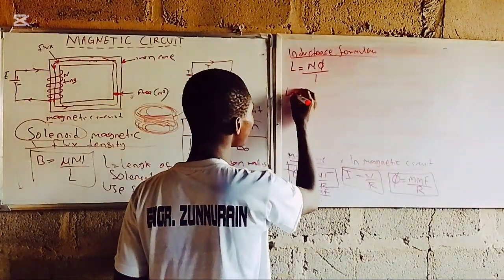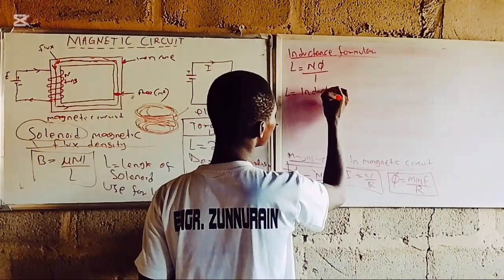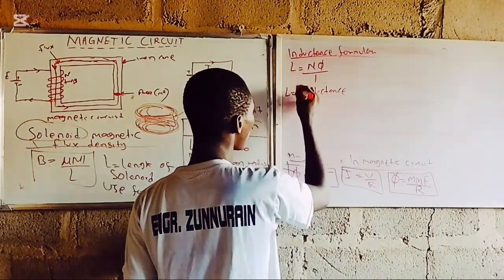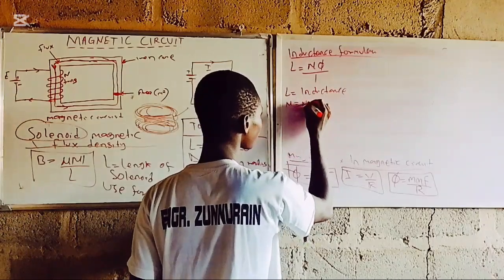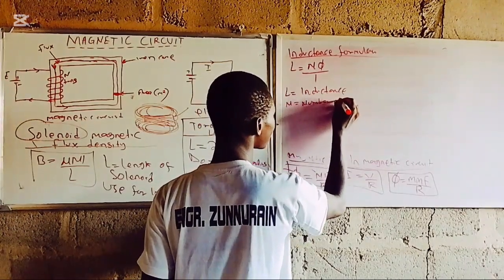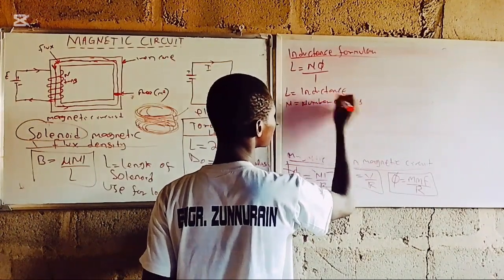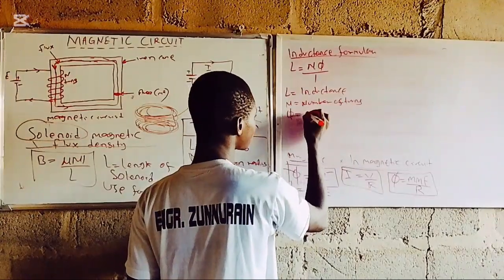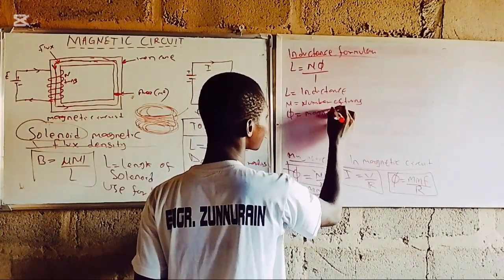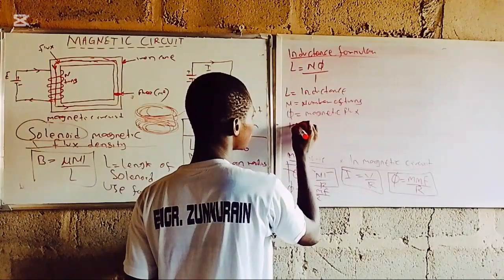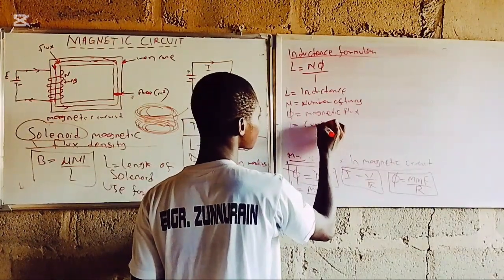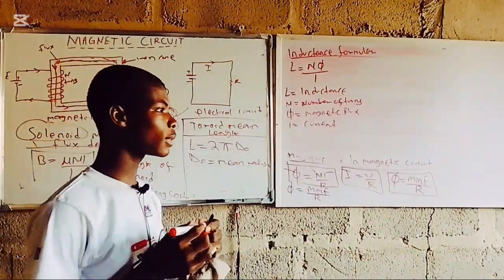L stands for the inductance, N, as we all know, is the number of turns, this is the magnetic flux, and this is the current. So this is the inductance formula.